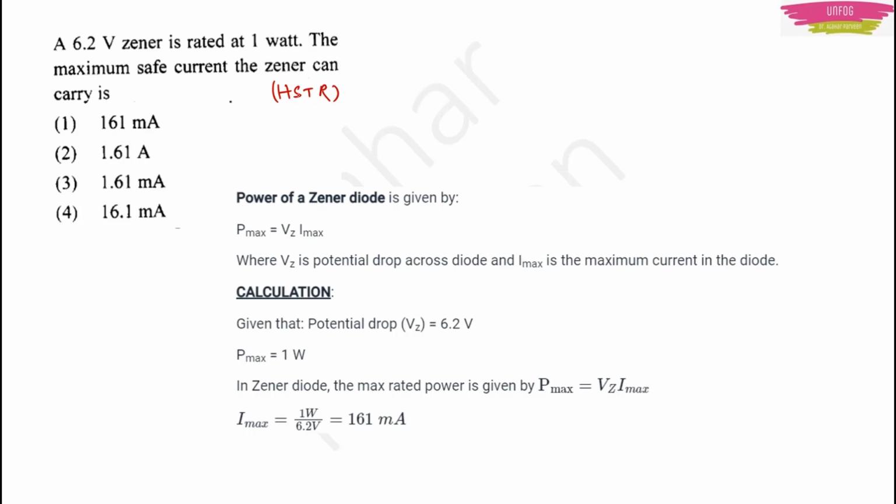It can be a Zener diode, a PN junction diode, or any other diode. Here they are talking about voltage because it is a voltage regulator. But you have to use that formula only, power is equal to V into I. Substitute the values and you get the answer. The maximum current will be equal to 161 milliamperes. Here option 1 will be the right answer.